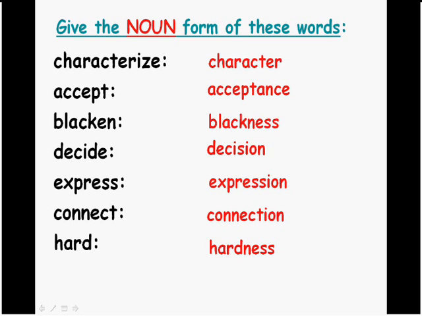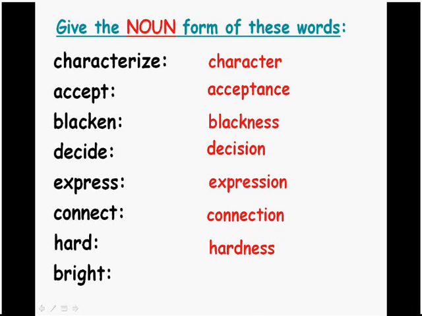And we have two cases here. We have blackness, black, color, which is an adjective. Then you put ness, and hardness, again, hard is an adjective, and you put the suffix ness at the end of the adjective.